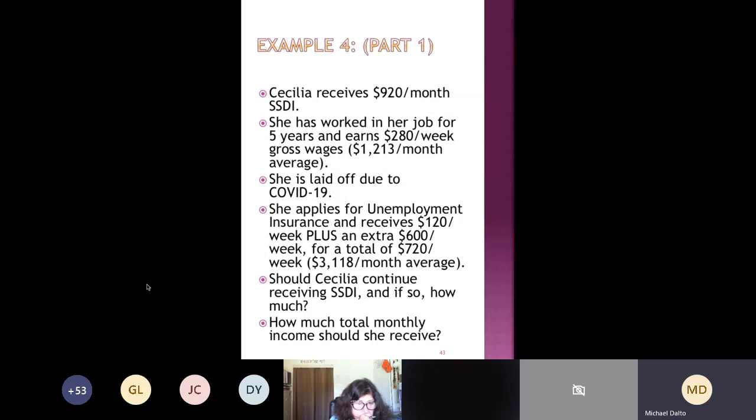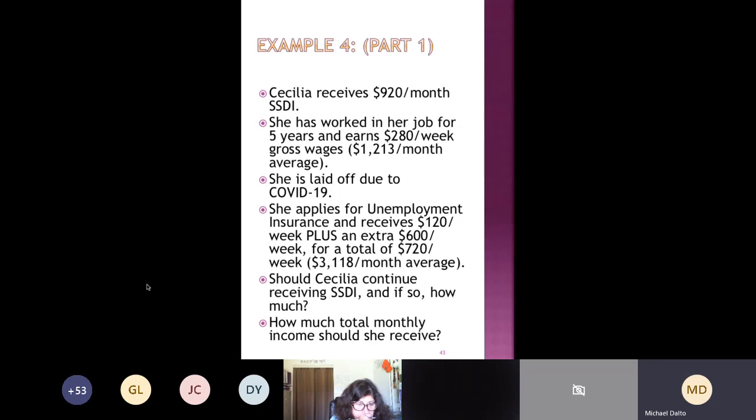She's laid off due to COVID-19. She applies for UI. She gets approved for $120 a week of regular UI, plus an extra $600 a week for a total of $720 total benefits per week. And that's an average of $3,118 a month.